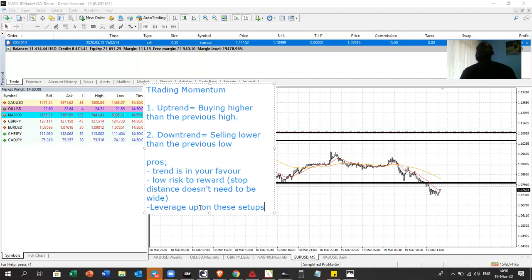So on an intraday basis, instead of having a 50 pip stop or something like that, you can do 20 pips, you can do 10 pips, and you're going for about 1:3, 1:5, 1:8, 1:10, all those wonderful numbers, man.